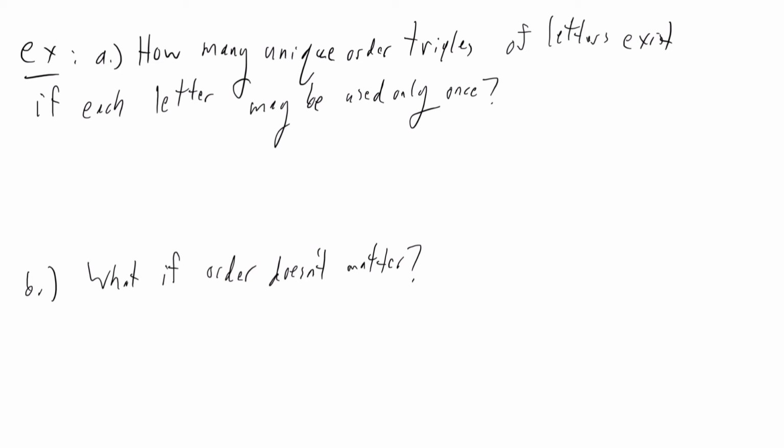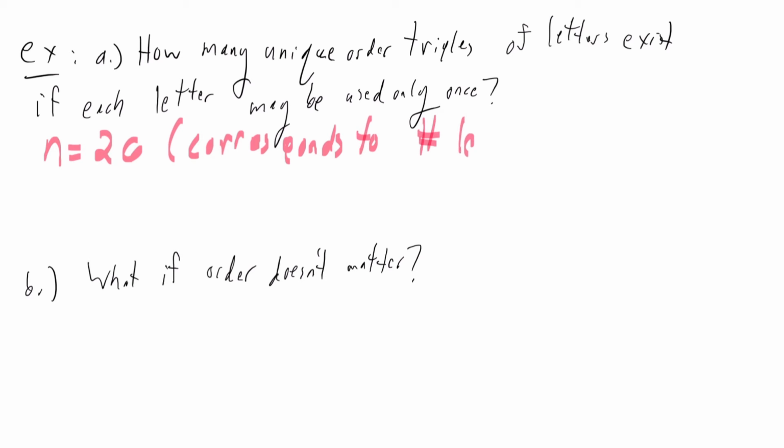How many unique triples of letters exist if each letter may only be used once? In part A, when I ask for unique triples, this means order matters. So I have n equals 26, which corresponds to the number of letters, and k is 3, because I want triples of letters. So order matters.